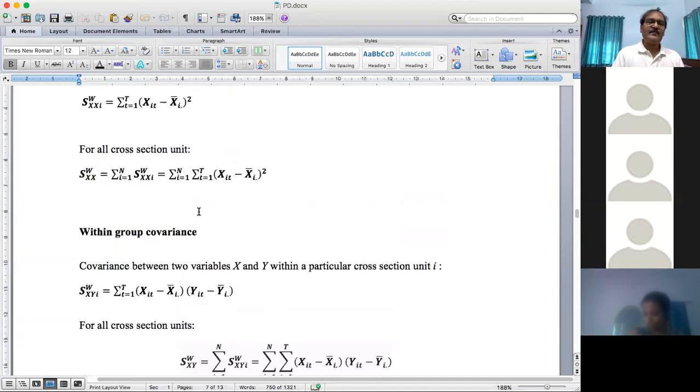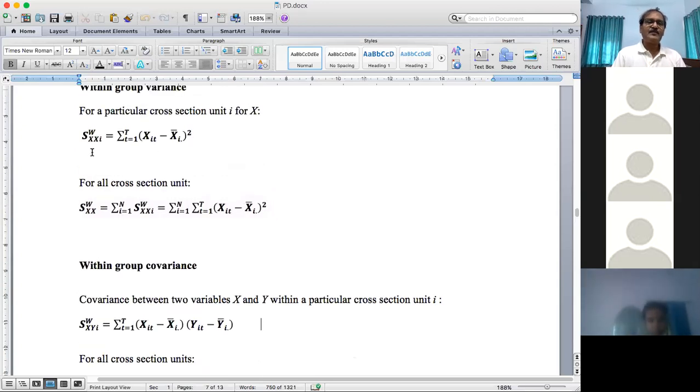This is the formula for within group variance. This is not exactly variance; you have to divide here by the number of observations. How many observations do we have in this formulation? We have the number of time periods, capital T, because we have taken the sum over time. So to get the variance of x for a particular cross-section unit i, you have to divide this sum by capital T only.